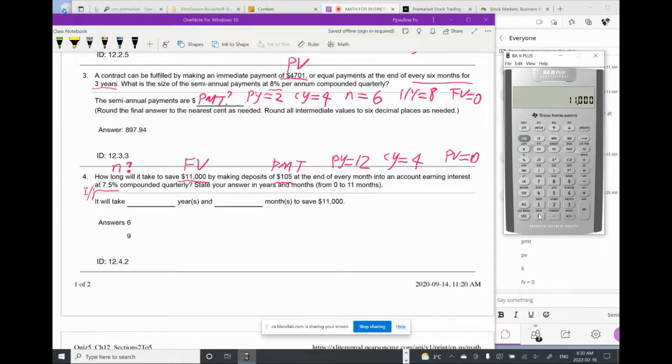11,000. This is FV. 105, negative PMT. 7.5, IY. 0 is PV.